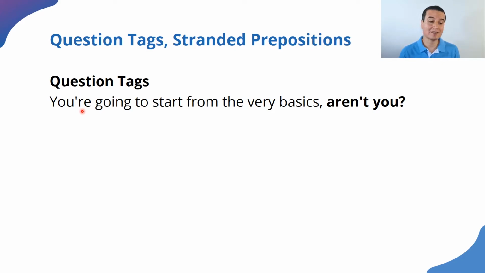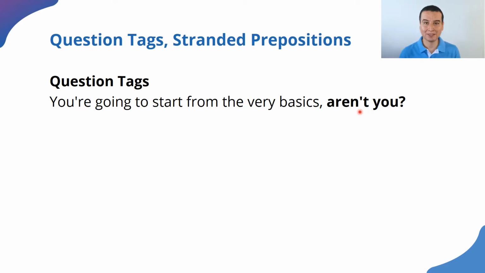So the auxiliary in the sentence is you are going to. The auxiliary is be, so we're using the same auxiliary, are. And one last thing, if the statement is affirmative, like you are going to start, the question will include a negation, aren't you?